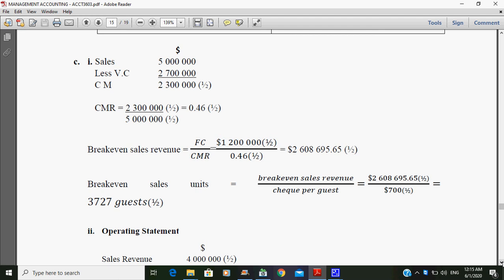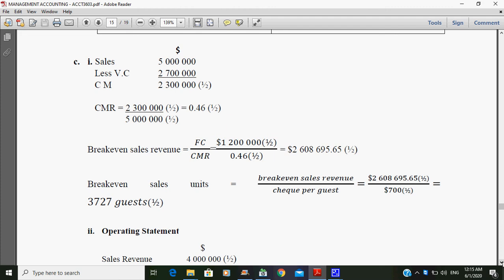For the break-even sales in units, based on this example, you can, let me give it a different way, divide the break-even sales revenue by your check per guest.